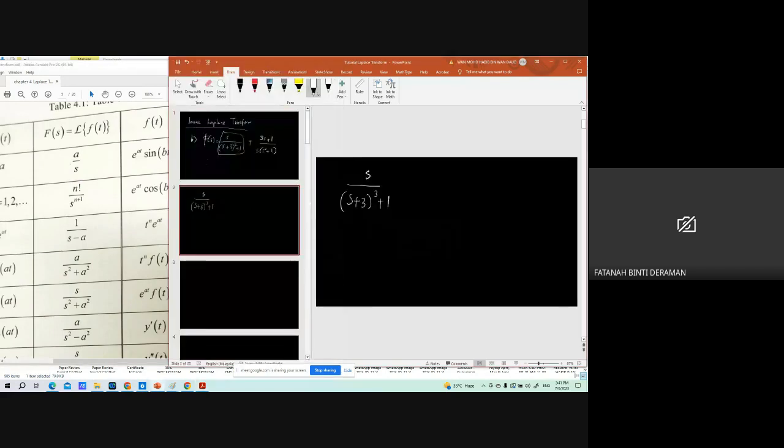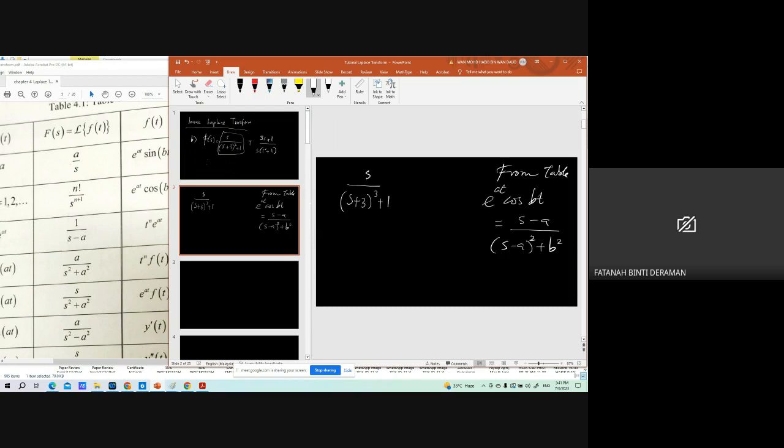So we have here from the table, e to the at cos bt equals s minus a over s minus a square plus b square.